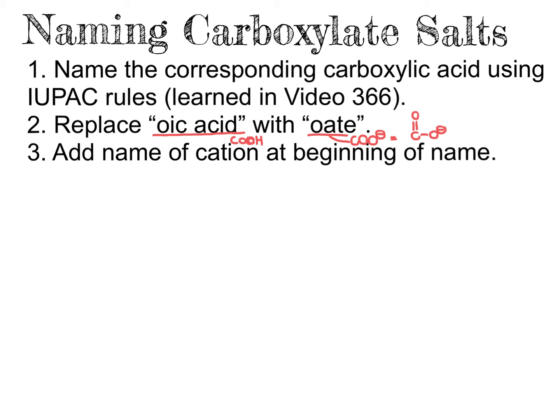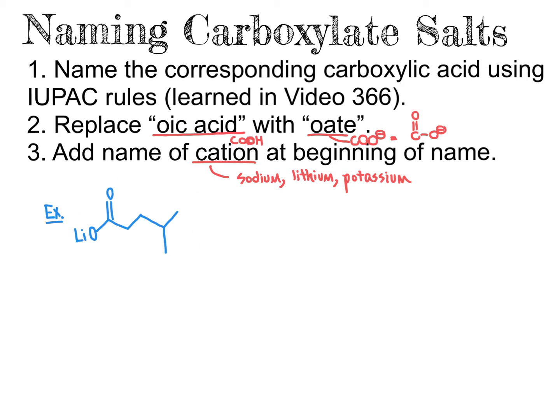That cation is going to be an atom from the first column of the periodic table. So that could be, for example, sodium, lithium, potassium, or others from that first column of the periodic table that adopts a +1 formal charge to counter that COO- group.